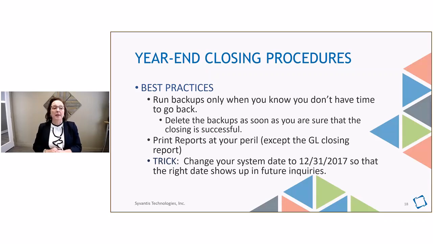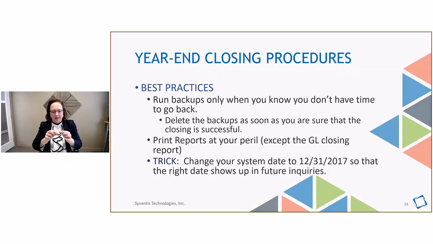There is one other best practice for year-end close that I recommend, and it doesn't have any impact on the system at all, but it's a trick. Change your system date before you start close. Change your system date to 12/31/2017, assuming your calendar year end. You'll see it as you start to run it if you haven't done this before.